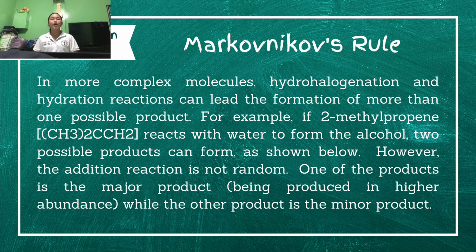The other possible product, where the OH- group attaches to the carbon with more hydrogens, is the minor product. The same rule applies in hydrohalogenation, where HCl or HBr adds to an alkene, forming a major and minor product.